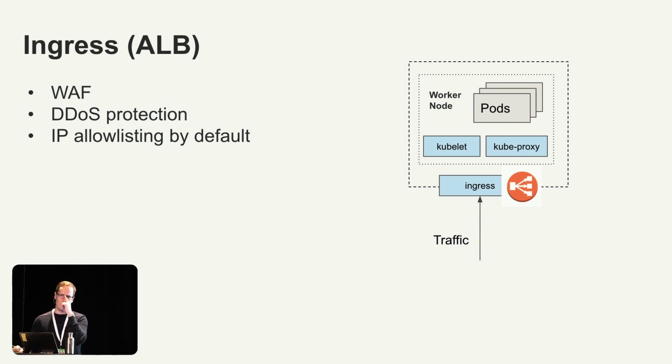We also make sure that all new applications that are being deployed are IP allow listed to avoid accidentally putting things on the internet. And of course, you could put any kind of security control in front of the Kubernetes cluster, and then you might want to use something like the Nginx Ingress controller to proxy the traffic to the cluster.